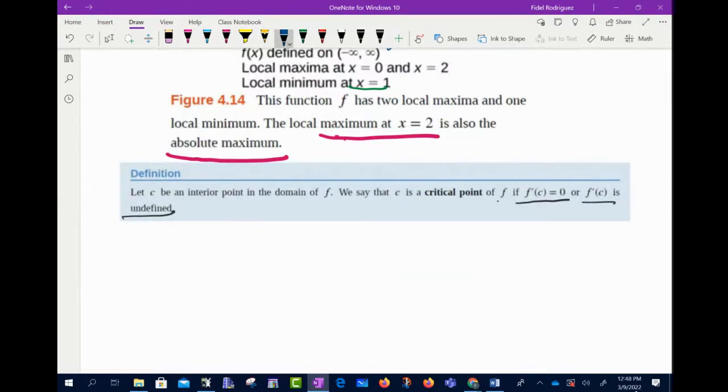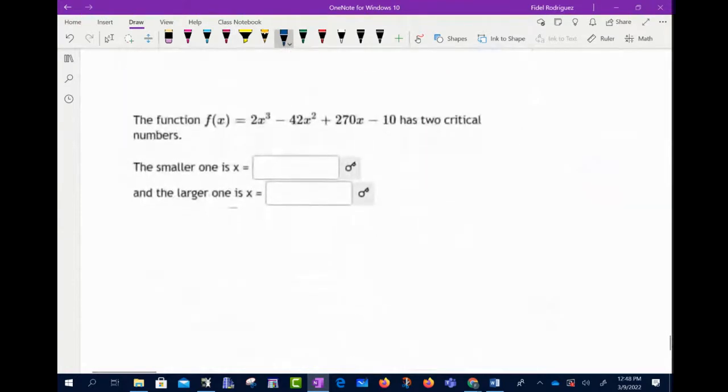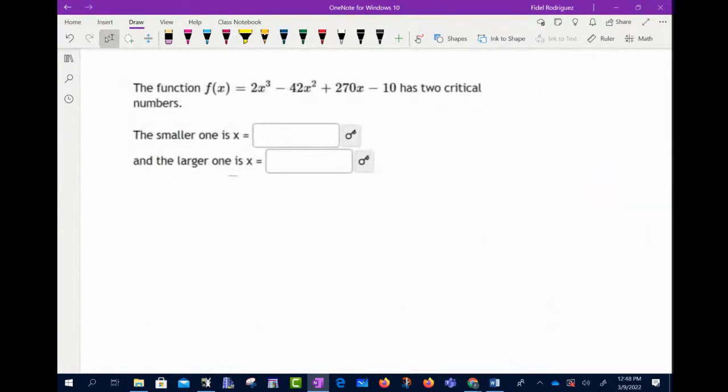Critical points occur when the derivative is equal to 0, or it's undefined, right? So we're going to come back over here and look at this function. Number one, this is a polynomial, right? So polynomials are continuous functions and they're differentiable, meaning that we can take the derivative.